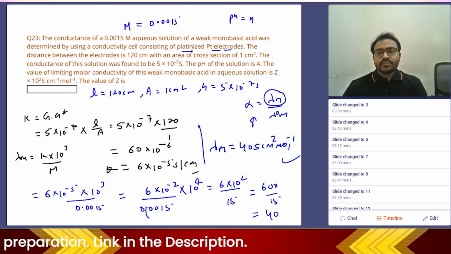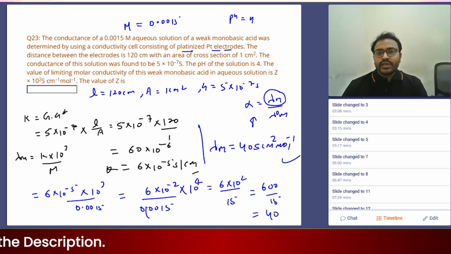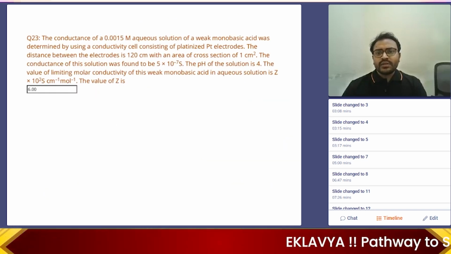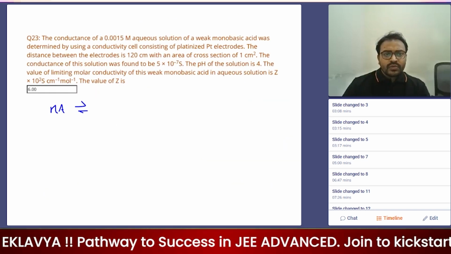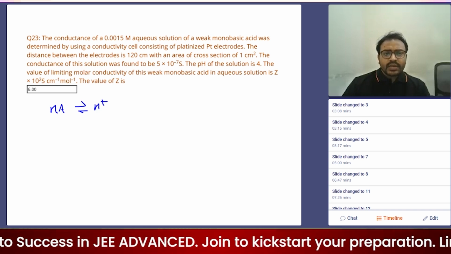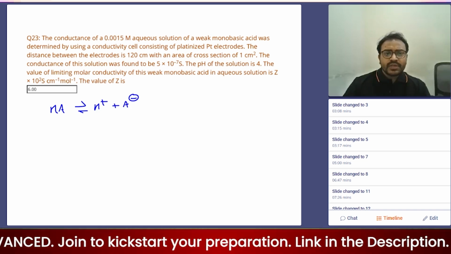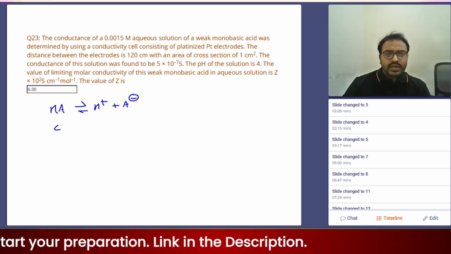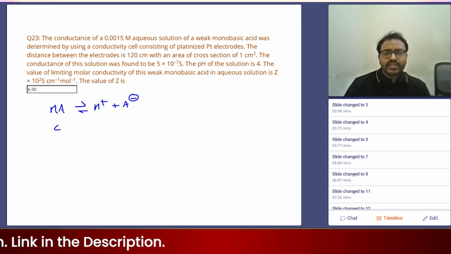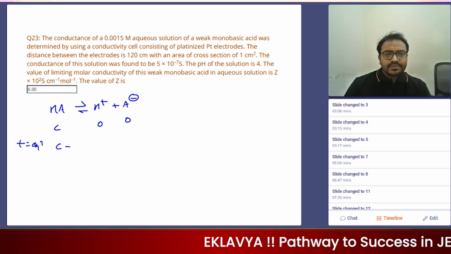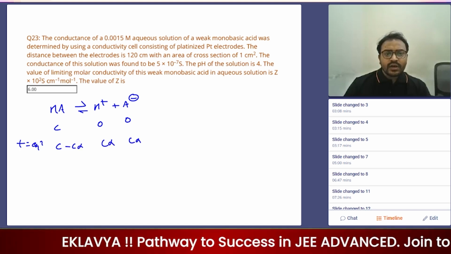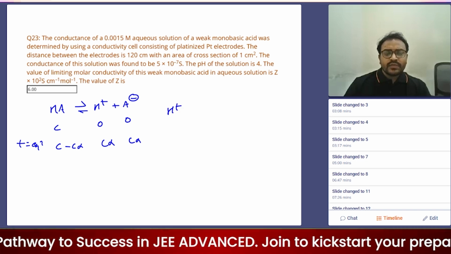Okay. Now how will we calculate the alpha value? Because there is a weak monobasic acid given and its pH value given, and we know that the weak monobasic acid HA can dissociate into H plus and A minus. Let us suppose the concentration of the weak acid HA is C. Initially it will be 0, 0, and at equilibrium it will be C minus C alpha, and C alpha, C alpha.